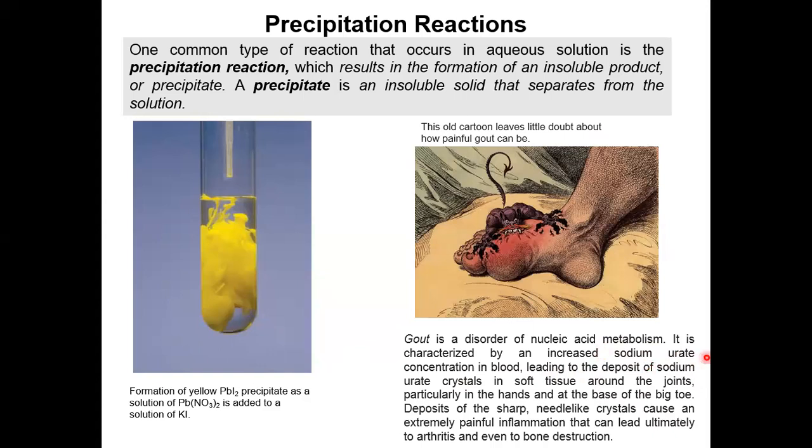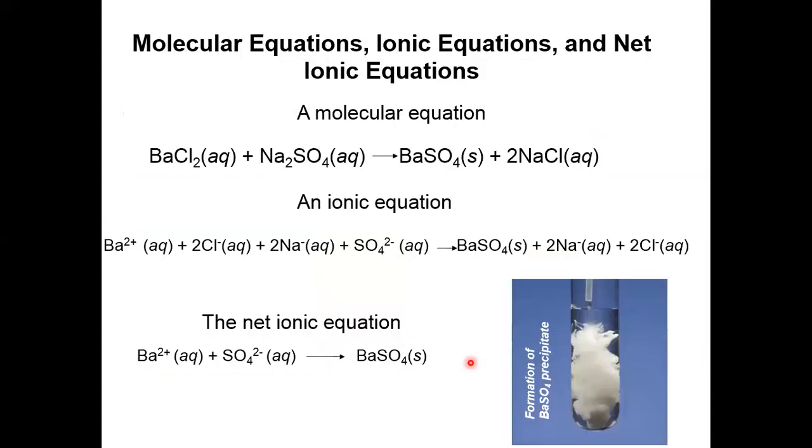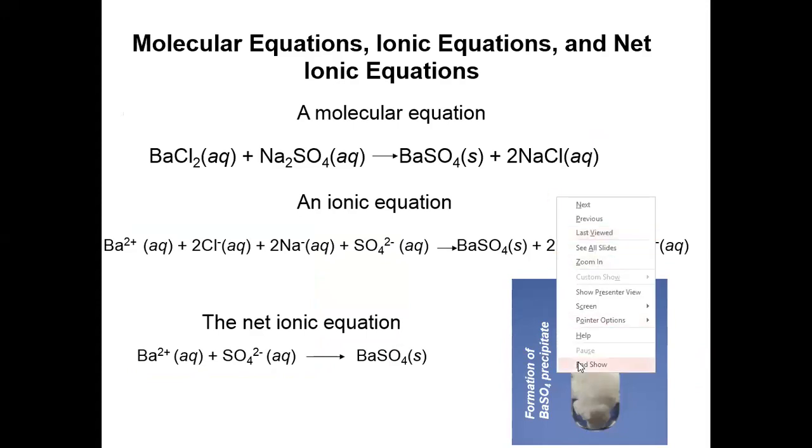Sodium urate can be precipitated in the organism because its solubility drops. Why? Because it cannot be extracted efficiently, so it precipitates. And by the way, gout is related to the precipitation of this sodium urate.